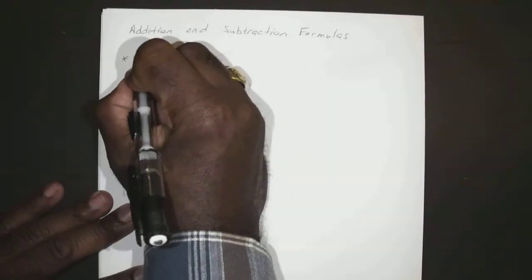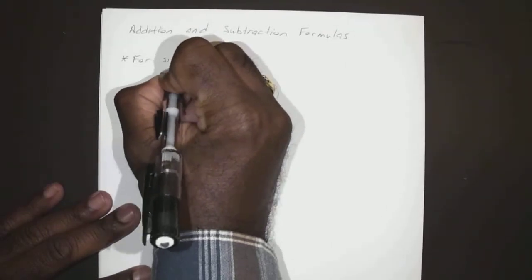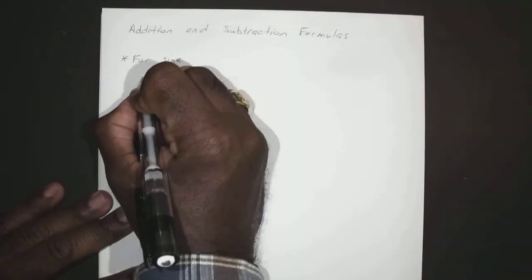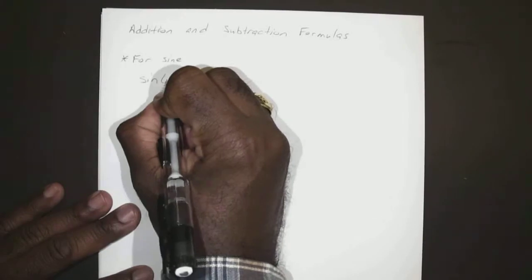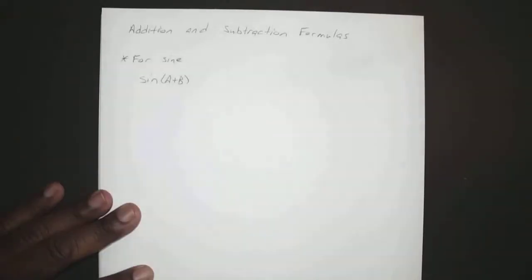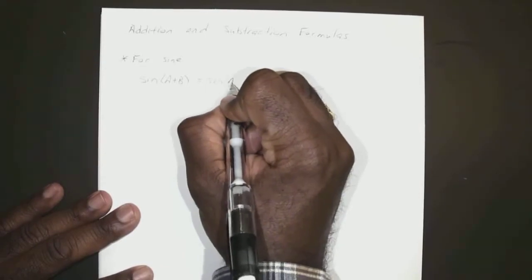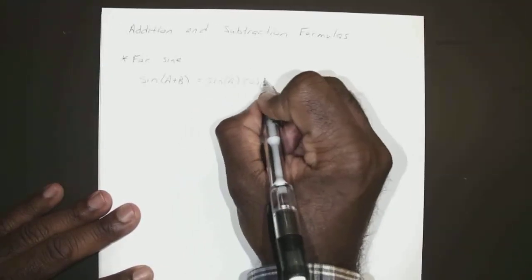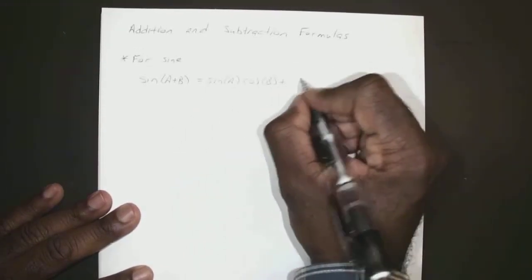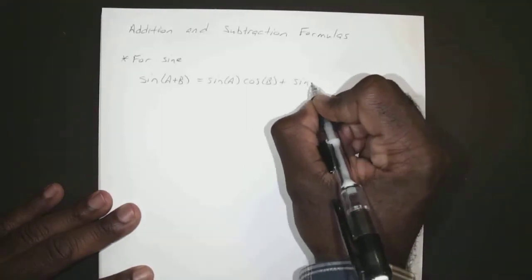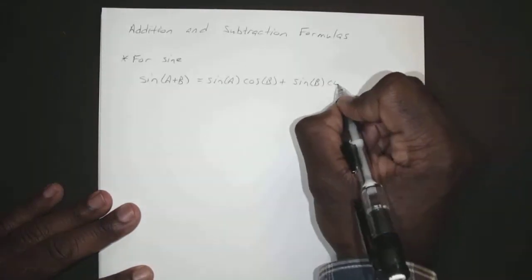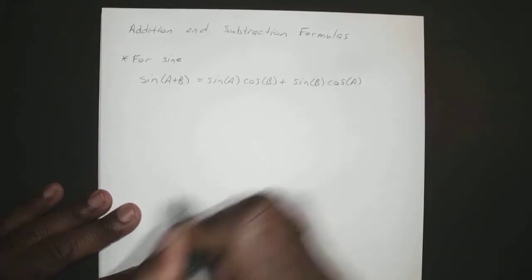Okay, so for sine, let's say you have sine of a plus b. That's going to equal sine of a times cosine of b plus sine of b times cosine of a.